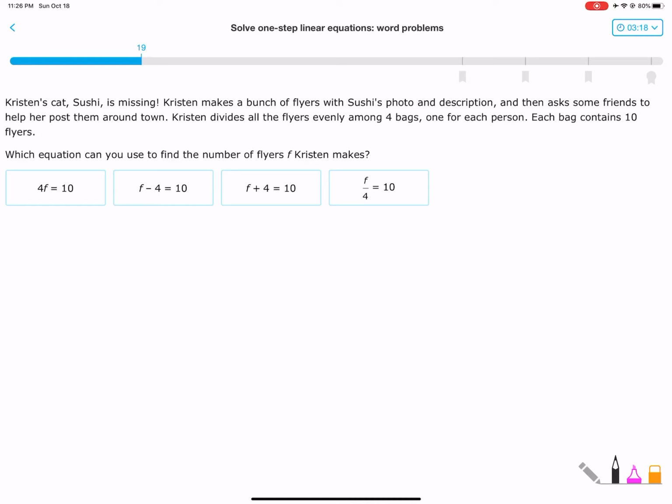Kristen's cat, Sushi, is missing. Kristen makes a bunch of flyers with Sushi's photos and description, and then asks some friends to help her post them around town. Kristen divides all the flyers evenly among 4 bags.